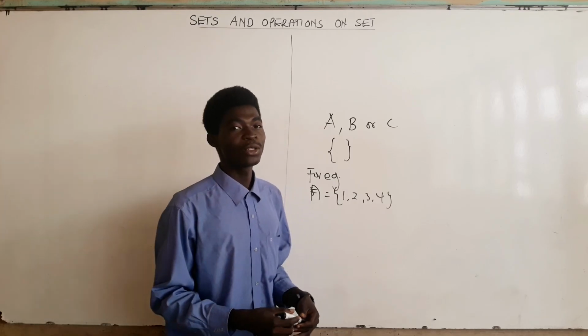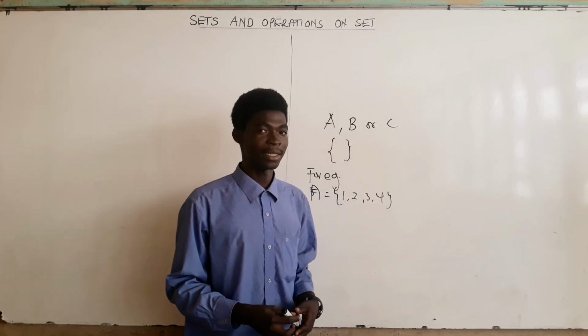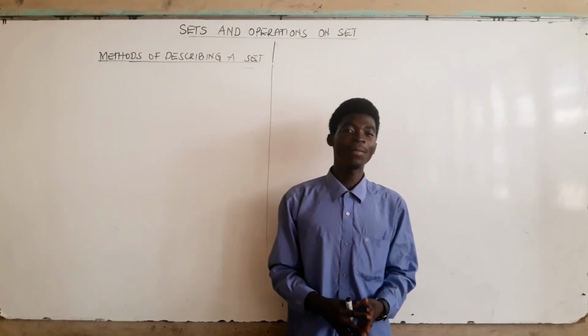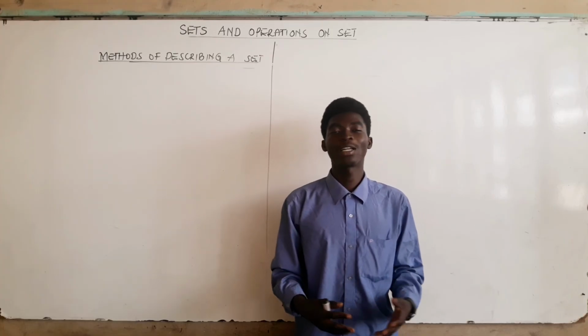Now let's get straight into the methods of describing a set. There are three main methods of describing a set, and I'm going to take you through one after the other.